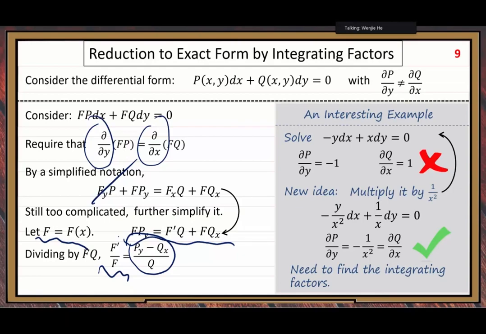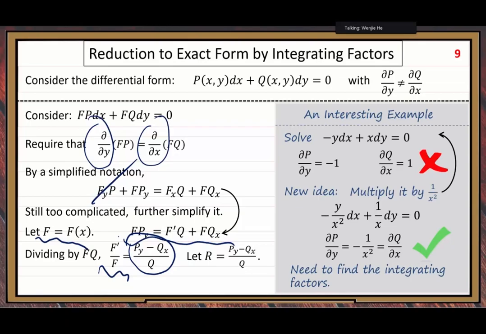Only in a very special, small percentage of cases, after you calculate this fraction, you get a function of x. Then you can solve for capital F.